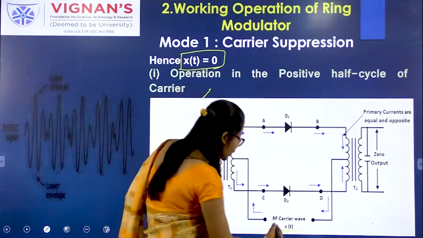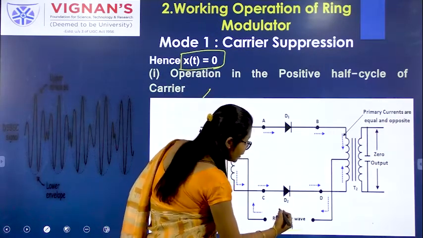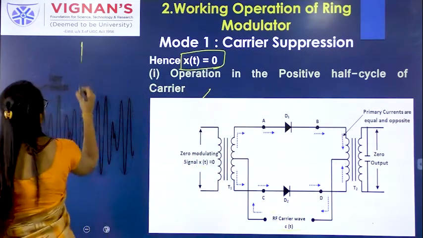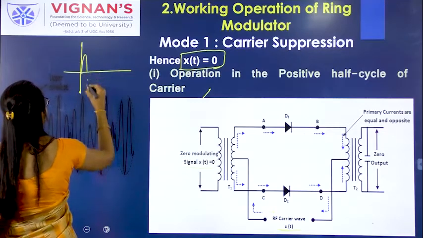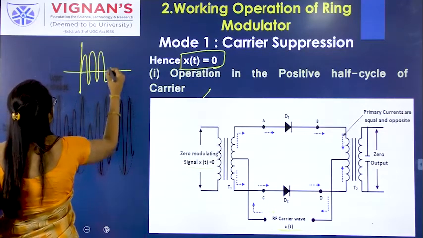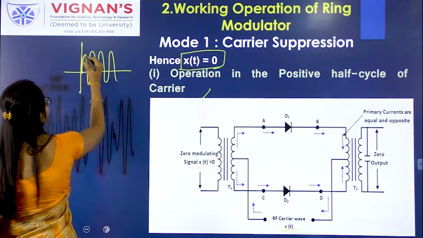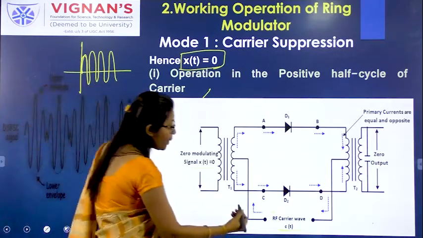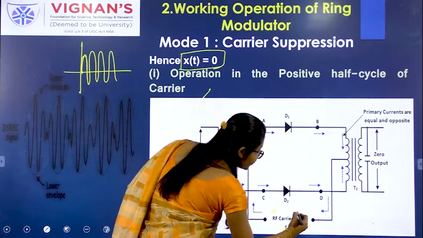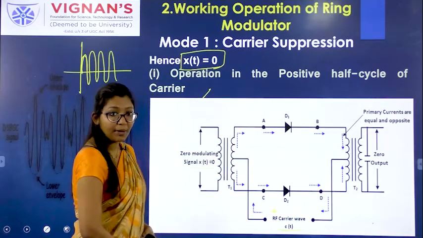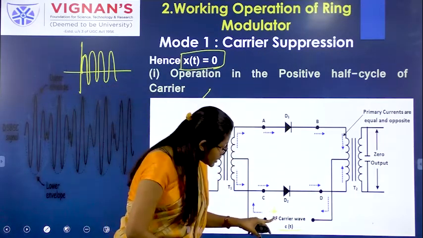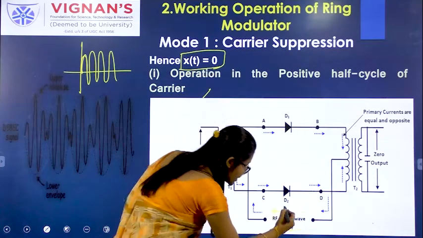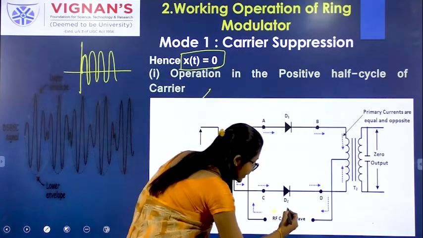What I told, while you are giving a carrier signal, first let me consider something like this is your carrier. In this carrier you will have a positive peak and a negative peak, right? So now I am applying the positive half cycle here. Positive half cycle means plus and minus.